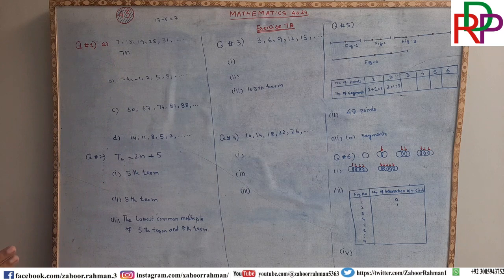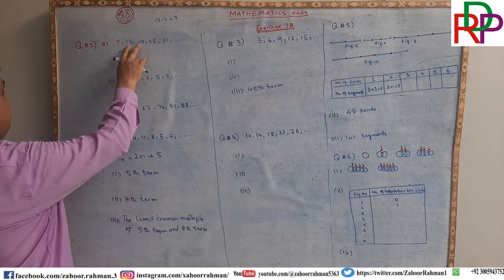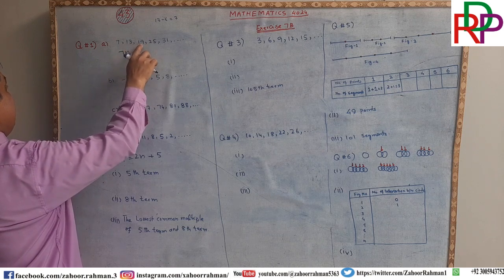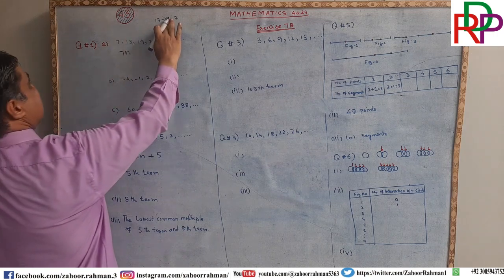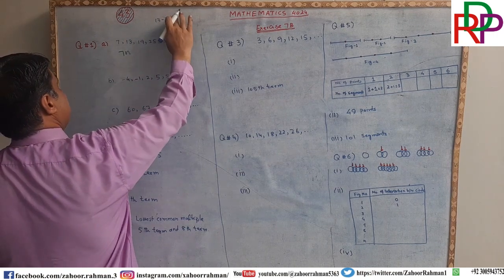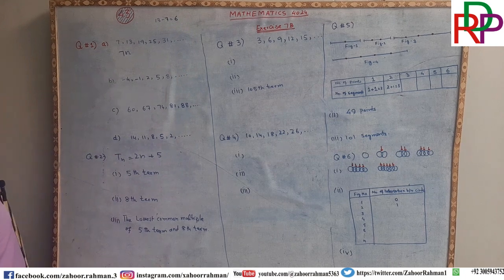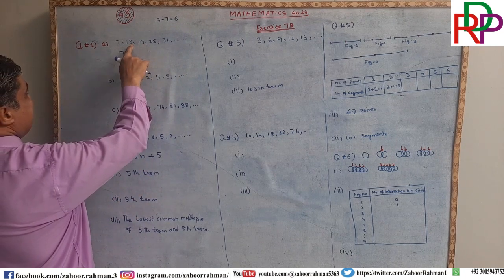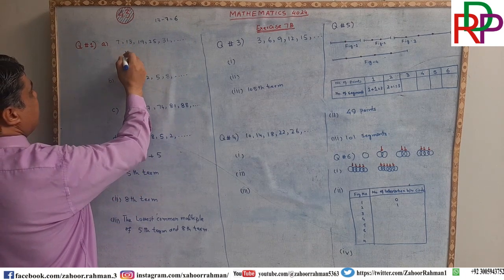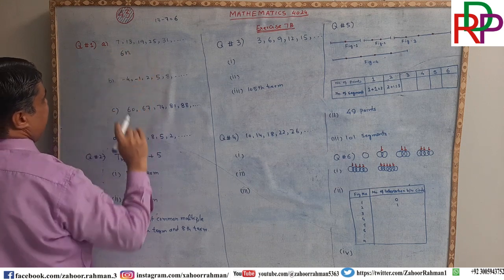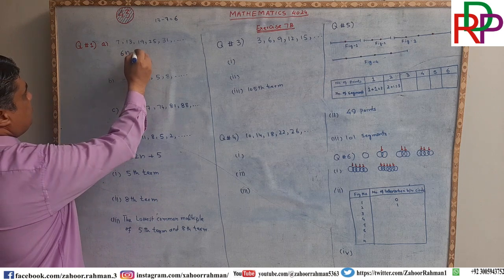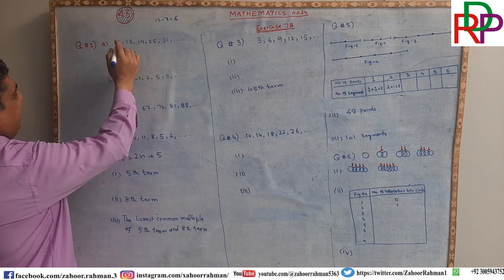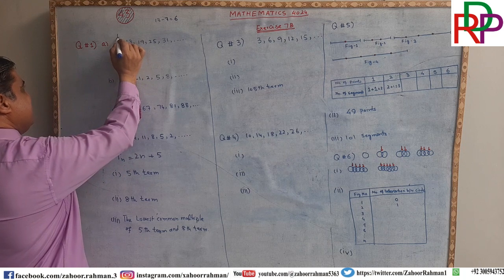You have to find how many steps there are between any two terms. If you find 19 minus 13, you will get 6. You will get 6n.